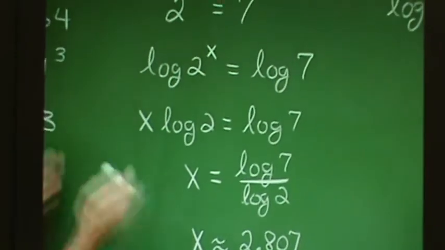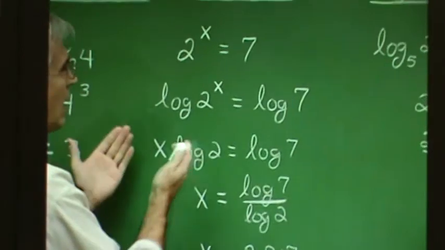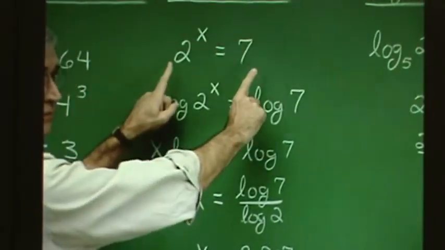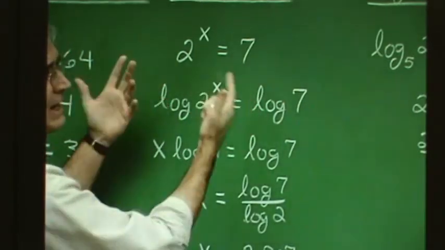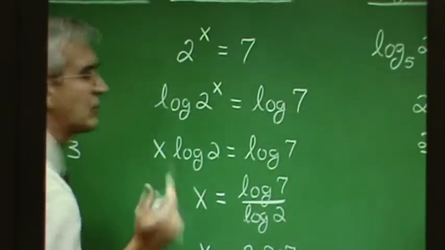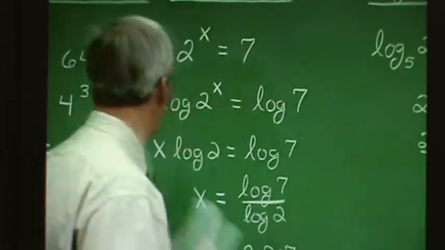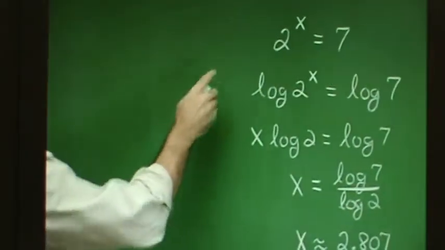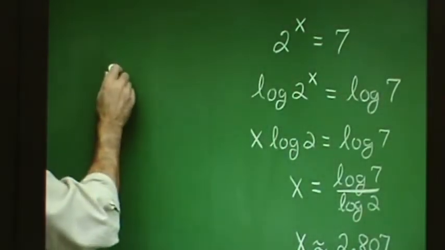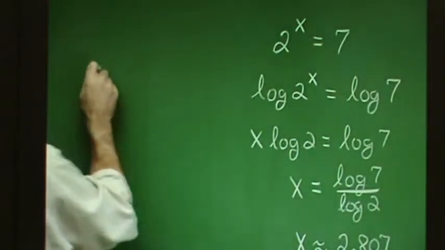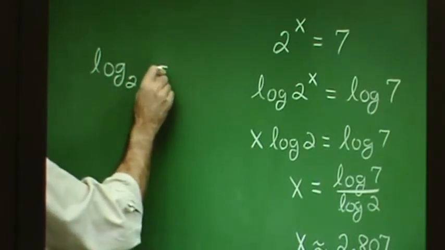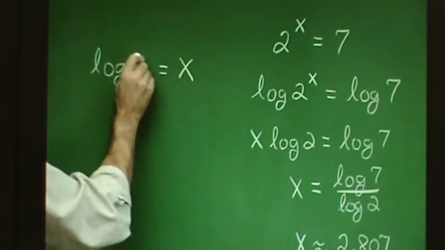Now, we arrive at the same result in this problem if we go from the exponential form to the logarithmic form. And you might try that if you want to. Here, I'll show it to you right quick. It's very much equivalent to this situation. The log form of this, remember, is this. Let's see. We have the log base 2, the exponent is x, and 7.